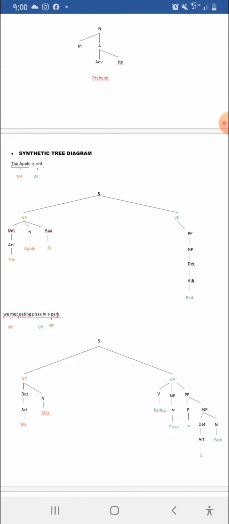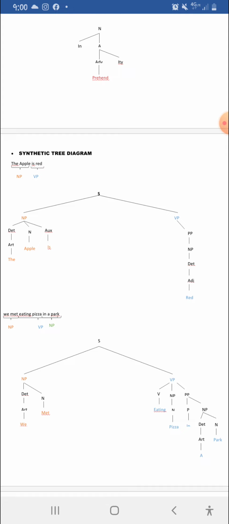Dividing the sentence, we find a determiner, an article, and in the sentence it is represented as we. In the same way, a noun is present that in the sentence is replaced as meet. And we have concluded with the first part of the sentence.